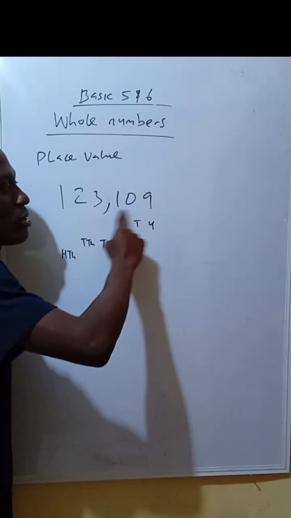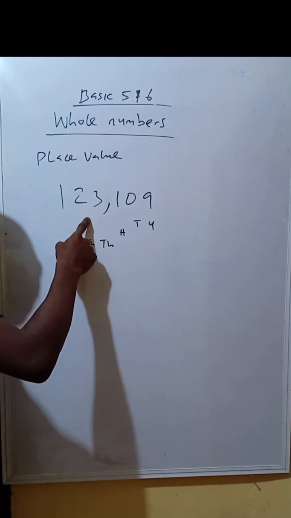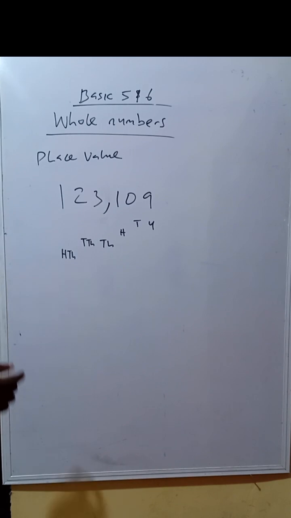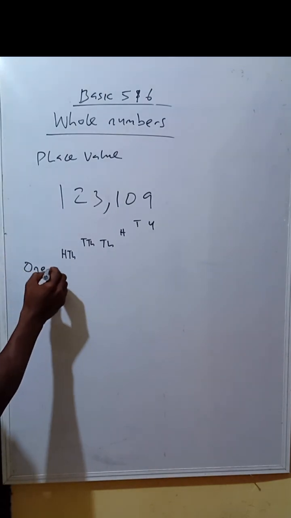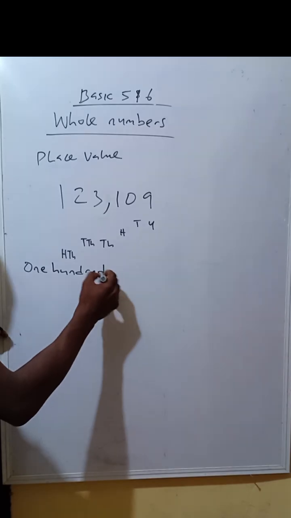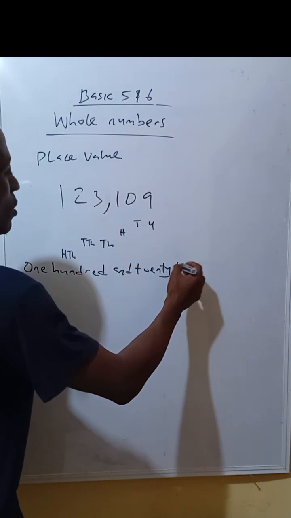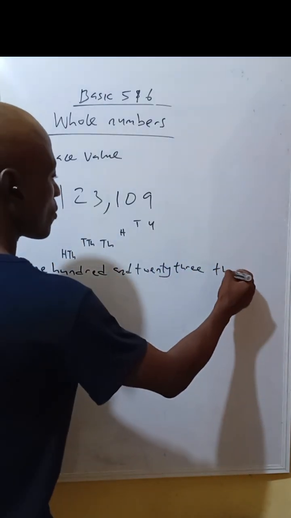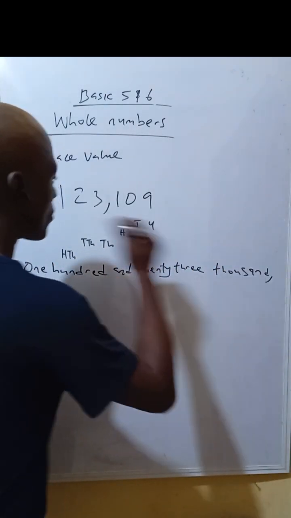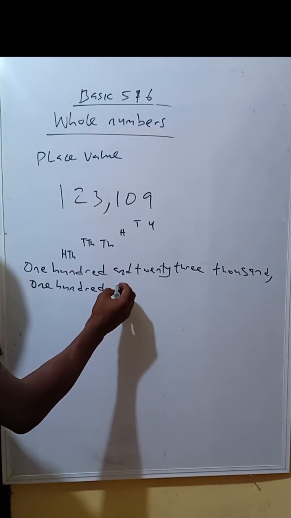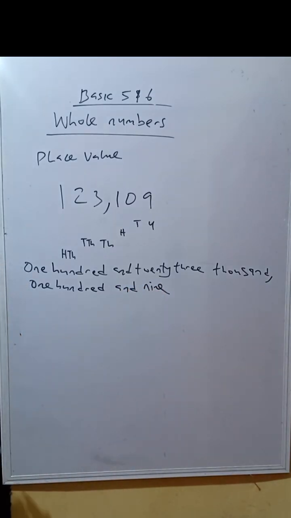We will not stop there because there are still other numbers. 123,109. We then proceed, we advance to millions.